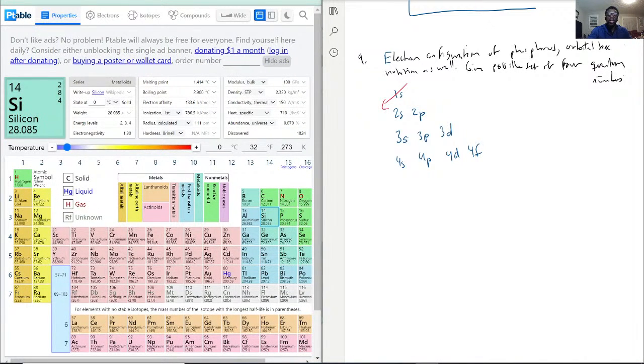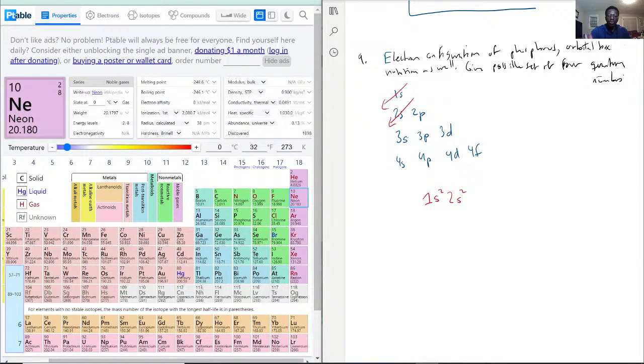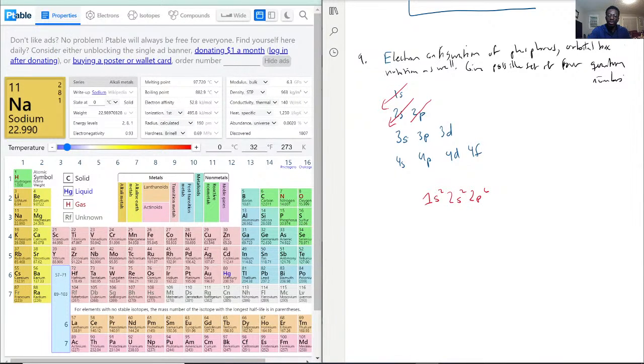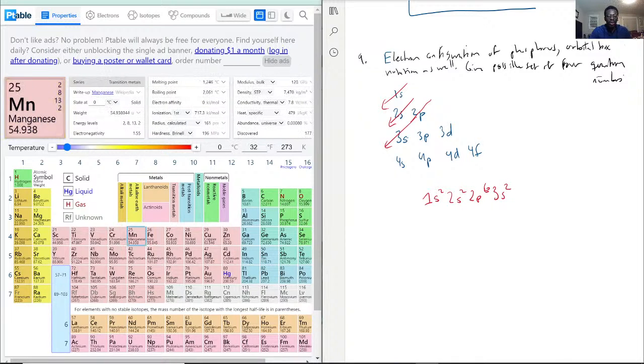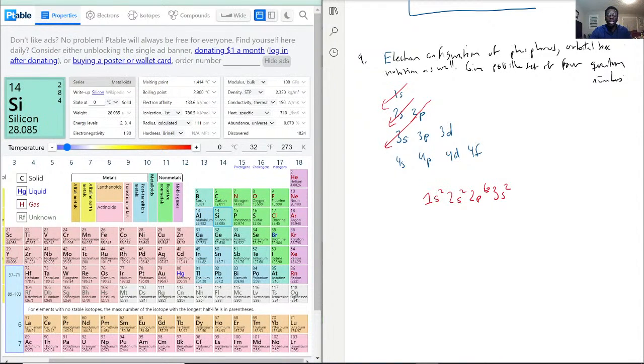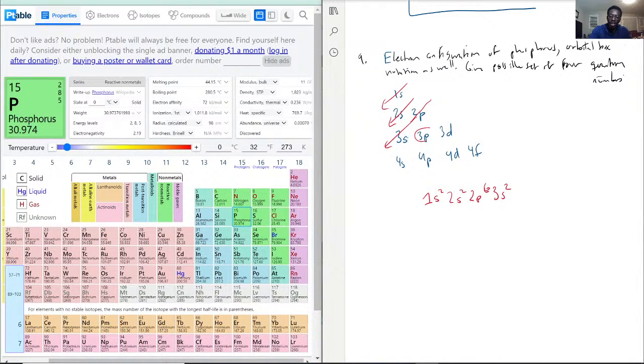So hydrogen is done, and helium, so we have 1s2, and then for the 2s row, it's past lithium and beryllium, so we have 2s2, and then it's past neon, which is now the 2p6, okay, and it blows right past through sodium and magnesium, which means it fills the 3s2 as well, and then it also goes past aluminum and silicon, and then there's phosphorus, so it's right here, so that'd be 3p3. That is what phosphorus ends up as.